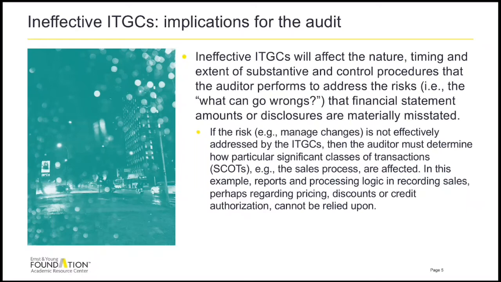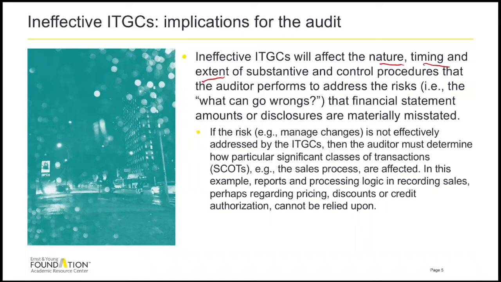Ineffective ITGCs will also affect the nature, timing, and extent of substantive audit and control procedures that the auditor performs to address the risks, for example, the what-can-go-wrongs that financial statement amounts or disclosures are materially misstated.